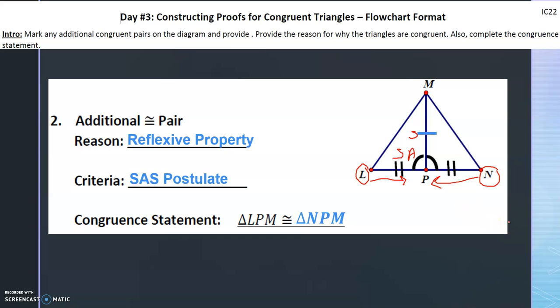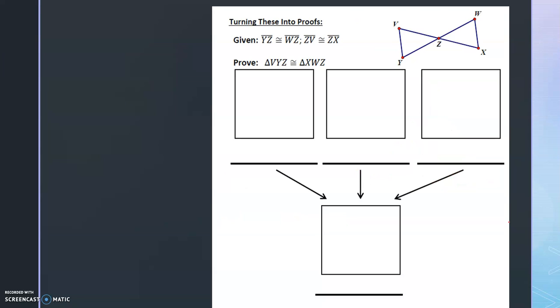So I gave you a glimpse at where we were, and now we're going to take those two proofs that we just did and put them into our new format. Underneath each one of those, you'll see this picture here. We've got 3 big boxes, and then those all lead into one small box.